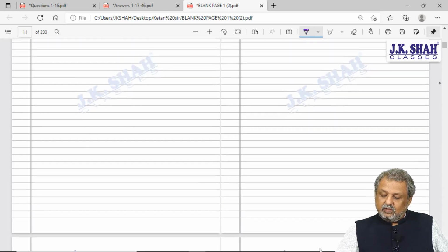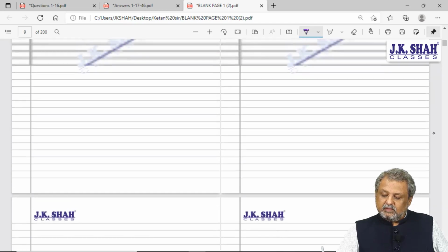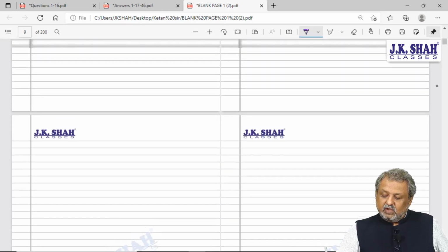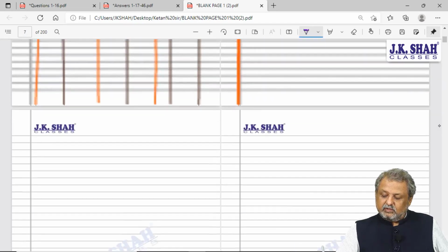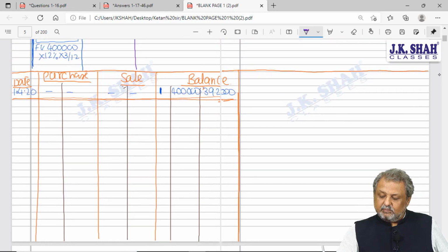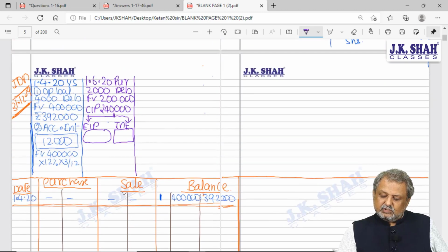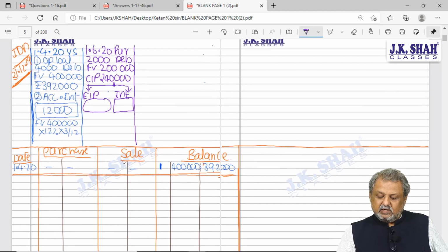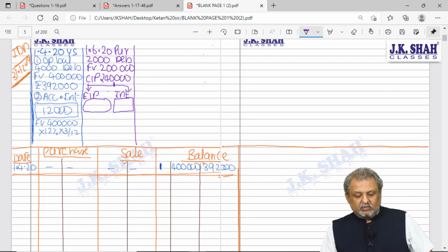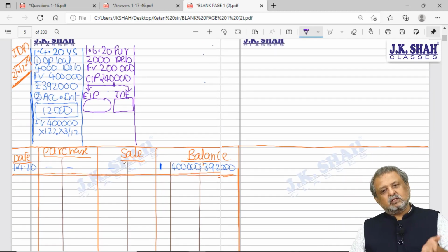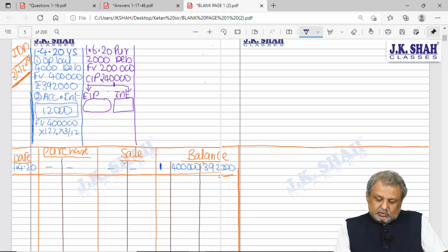What I am doing is only one of the methods. If you have studied a separate method, preparing working notes separately, it is this only. The only thing is you write it in a different way, but the calculations are this only.